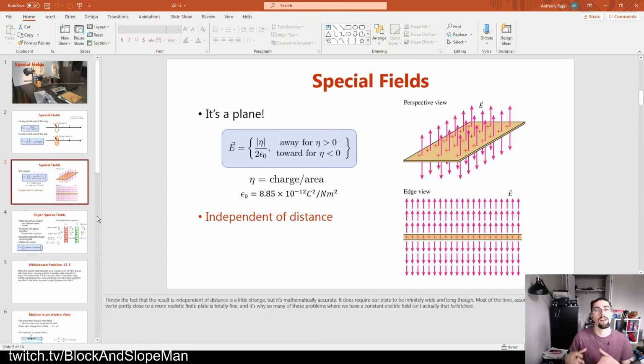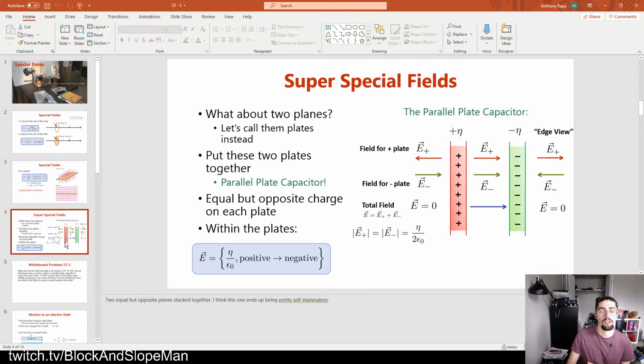Assuming that this was a finite, realistic plane, we would just have the total charge on it divided by the total area of the plane, and that's how we would find eta. You would take just one of these, the magnitude of either one, eta over the area of just one of these, and because they're supposed to be equal charge densities and equal planes, we just double that value.